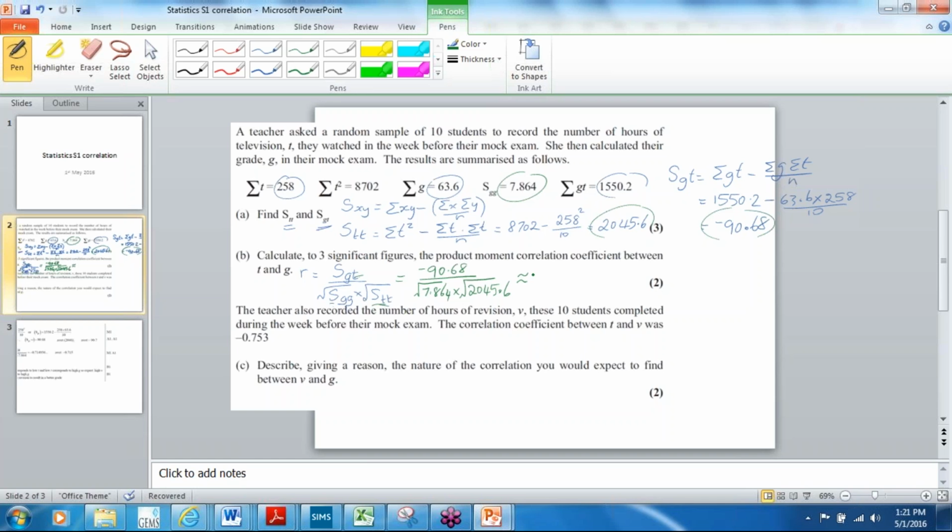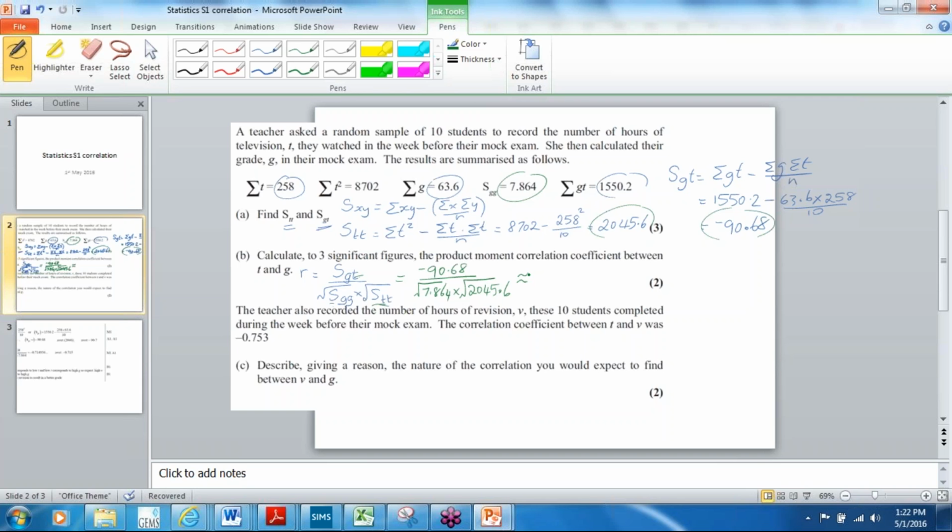Now we do that calculation as best we can. S of GG, 7.864, S of TT. Okay, so we should put that in the calculator, and what do we get? I'm getting a bit slow here. My calculator keeps giving me error messages.